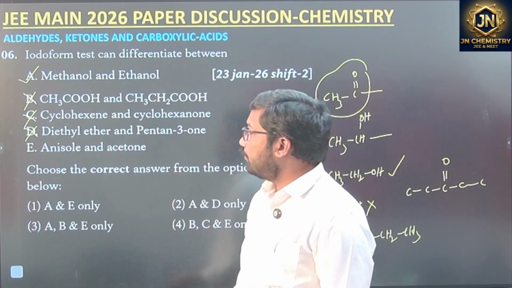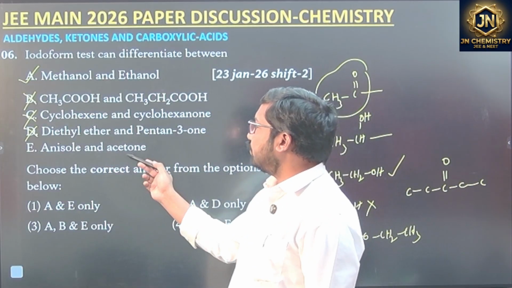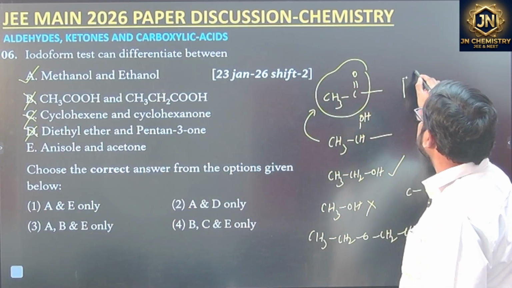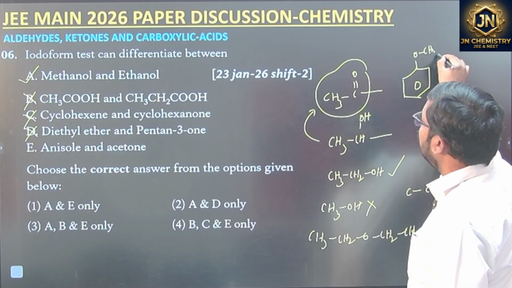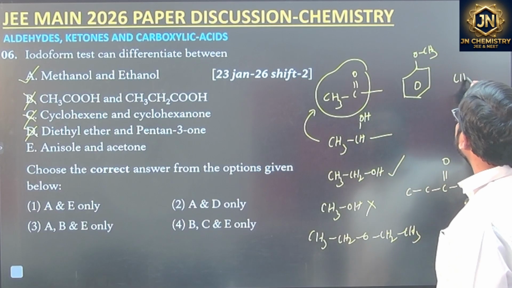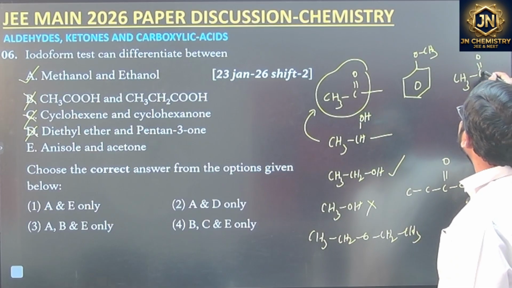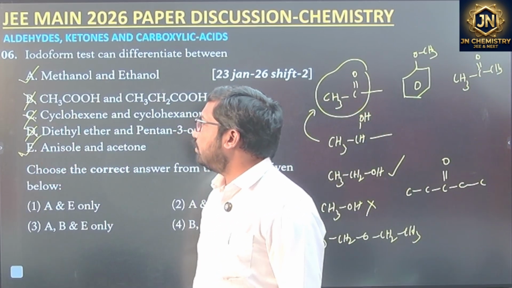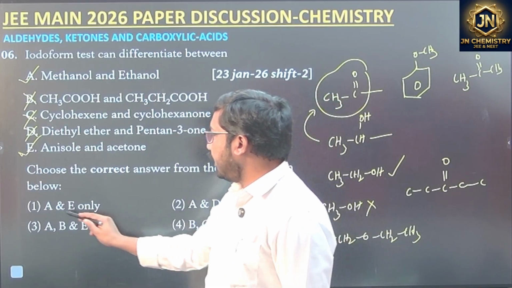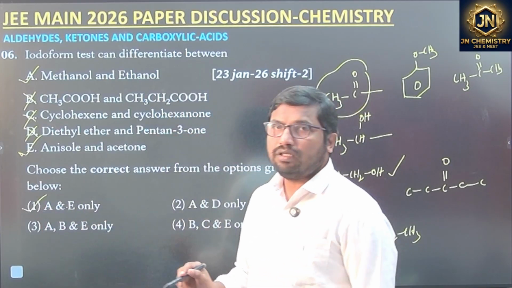And anisole and acetone: anisole means methoxybenzene, it won't give, and acetone will give the positive iodoform test. So option A will be the right answer.